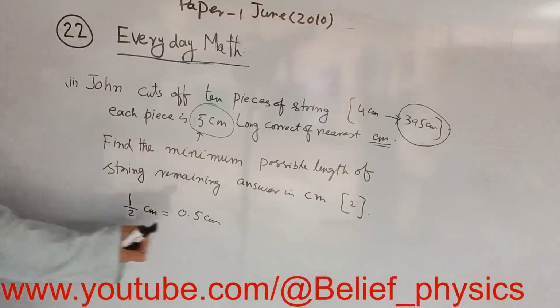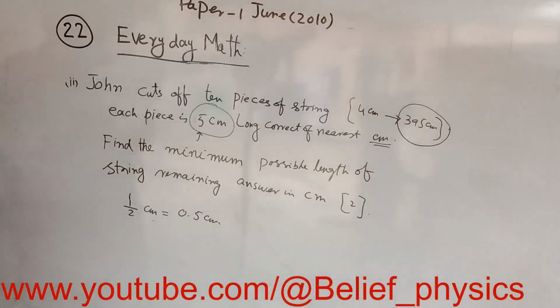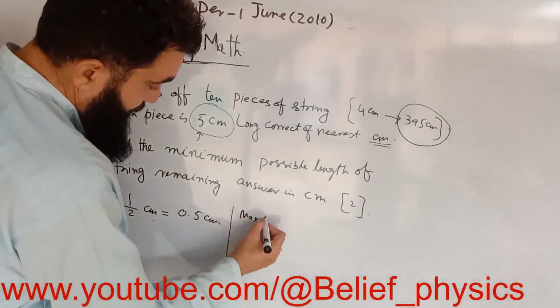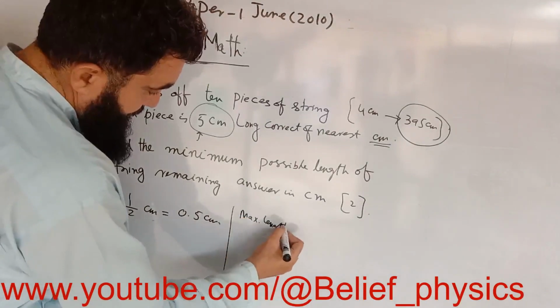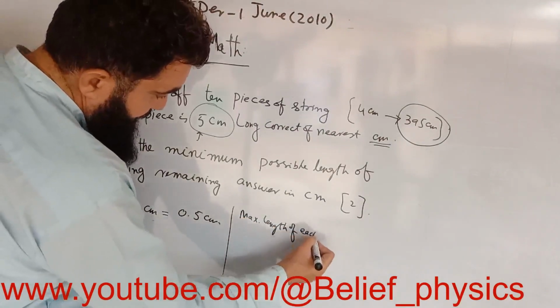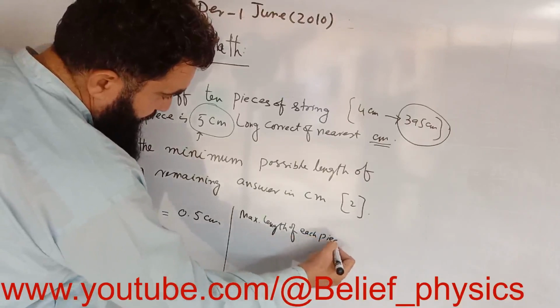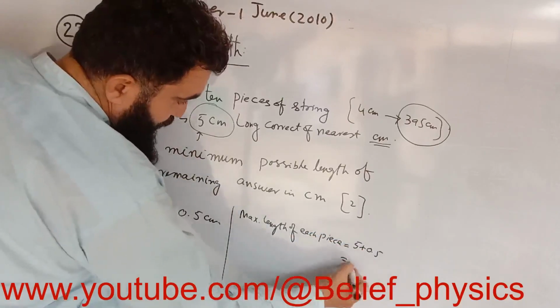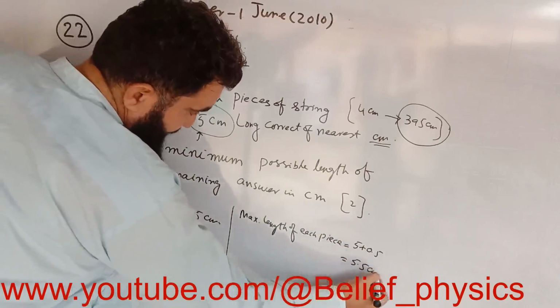5 minus 0.5, and upper bound is 5 plus 0.5. So the maximum length of each piece is equal to 5 plus 0.5, which is 5.5 centimeter.